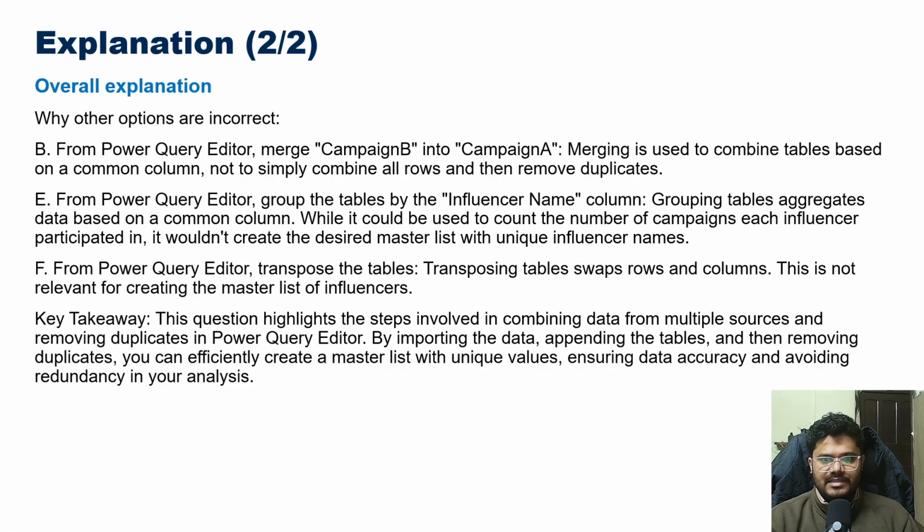As you can see in this slide, merging is used to combine the tables based on a common column, but in this case we have to select information from both the sheets, campaign A and campaign B. Hence we use the option of append. And lastly, what is the key takeaway? This question highlights the steps involved in combining data from multiple sources and removing duplicates. This ensures data accuracy and avoids redundancy in analysis. So this is the overall explanation.